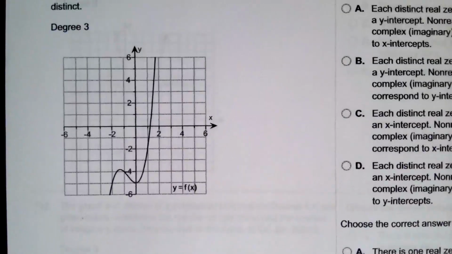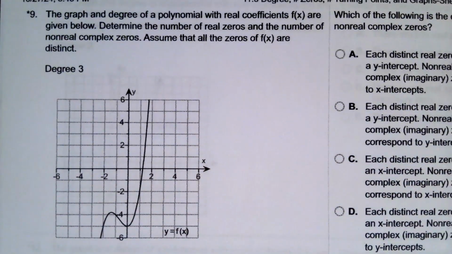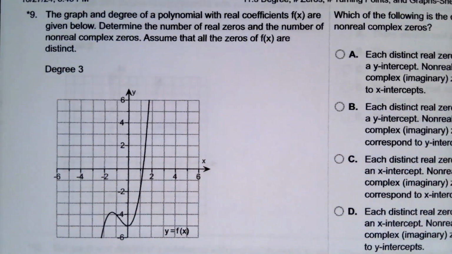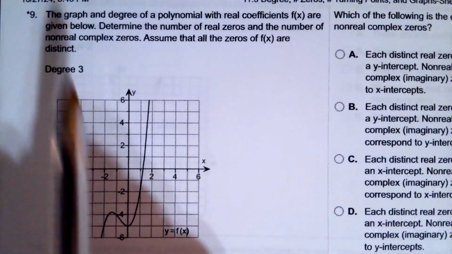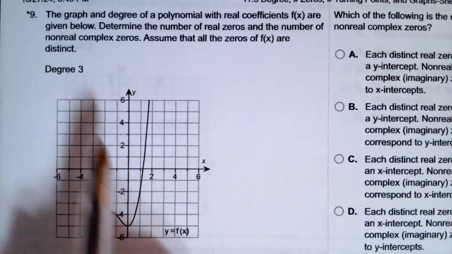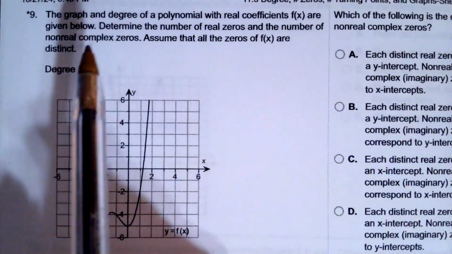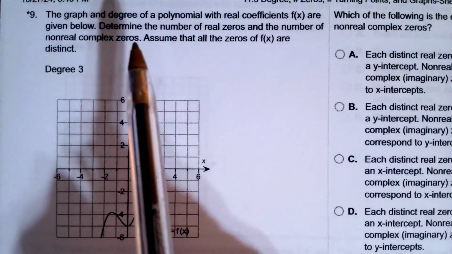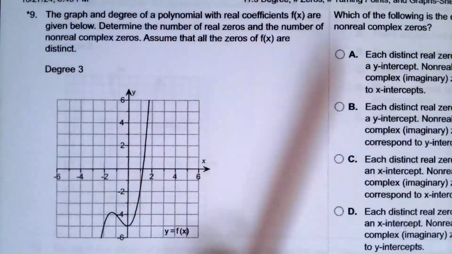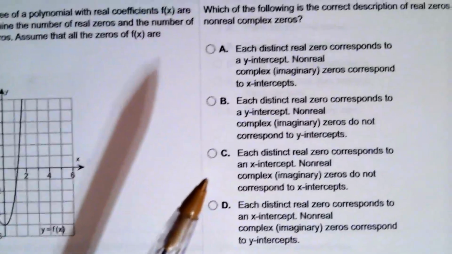Okay, here's question 9. It says the graph and the degree of the polynomial with real coefficients are given below. It's degree 3. I only see one place it crosses the x-axis, but it's degree 3, so let's keep reading. Determine the number of real zeros and the number of non-real complex zeros. Assume all the zeros are distinct. So nothing's used twice, that's what they're saying.